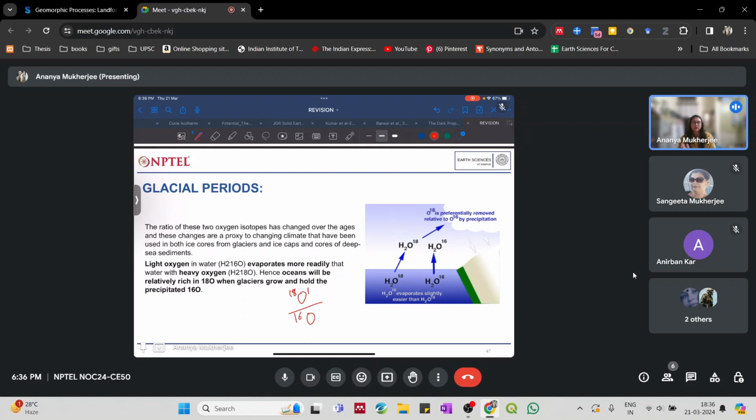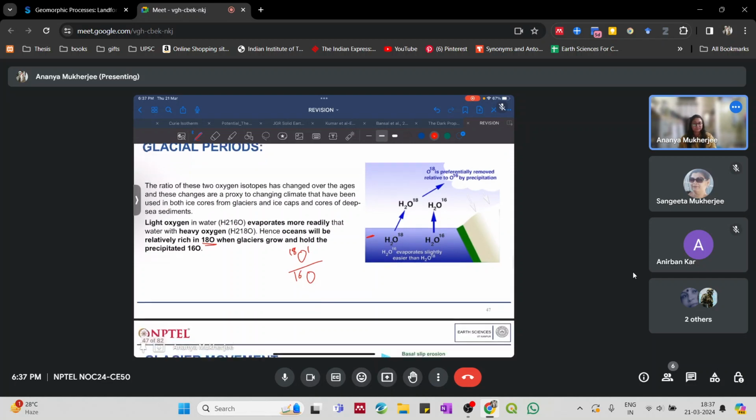When the glaciers are growing, your O18 is going to be richer in the ocean since it is not that easily evaporated, and the evaporated O16 precipitates out and turns into glaciers. So glaciers have more O16 and seawater will have less O16 but more O18 because of this.